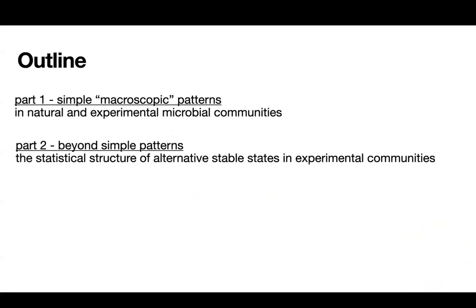So this is the outline of the talk. In the first part, I will discuss some simple macroscopic patterns that emerge in natural and experimental microbial communities. And in the second part, if there is time, I will explain some new work on the statistical structure of alternative stable states in experimental communities.